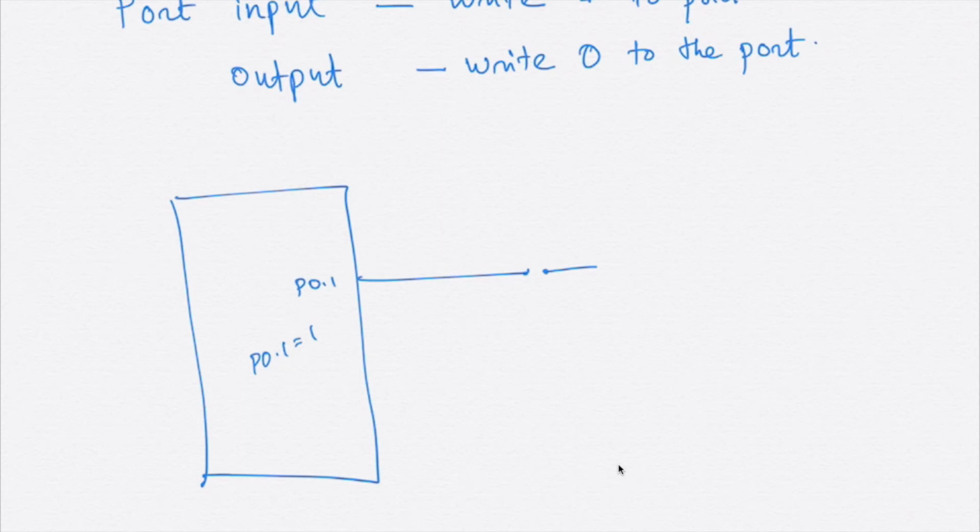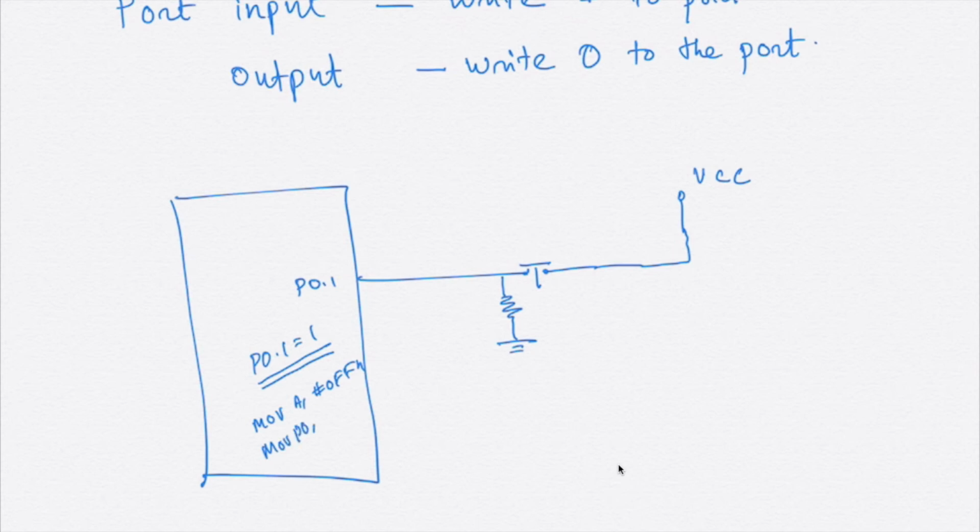When I say this switch, I will just make some switch connection here, to VCC, one simple connection. So what happens is, even though we write P0.1 equal to 1, or if you write MOV A, #0FFH and then MOV P0, A, that means P0.1 is also 1.